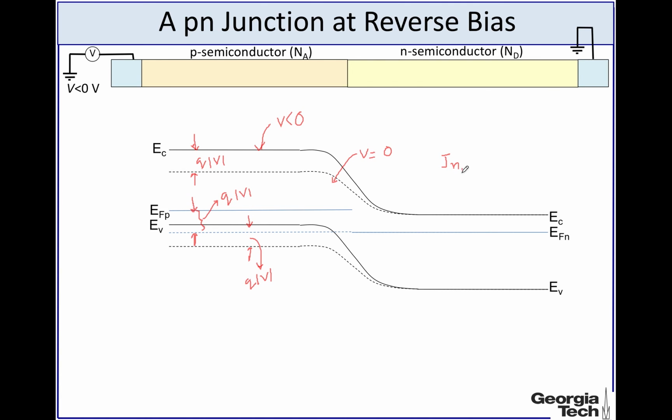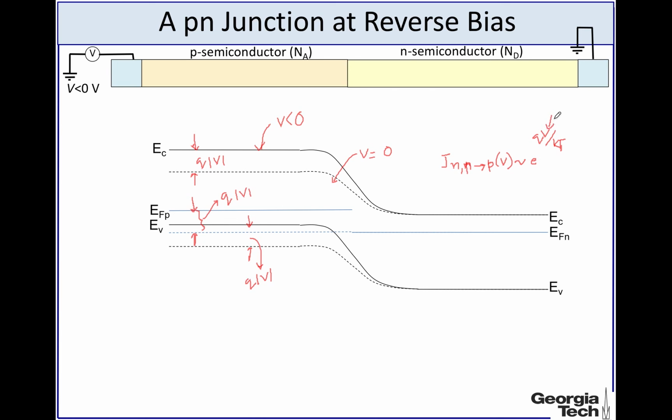the current that flows due to the electrons going from n side to p side will now decrease by a factor of e to the QV over KT.